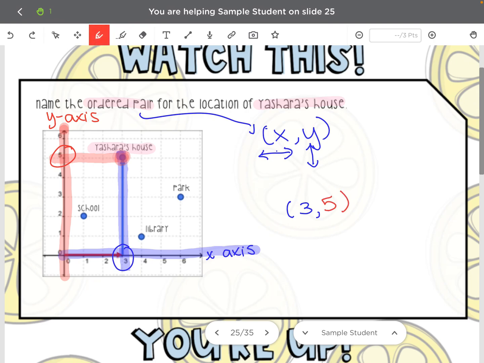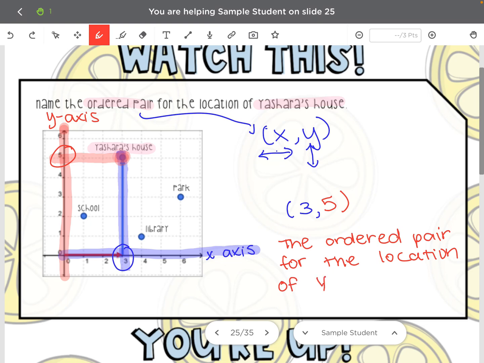So the ordered pair for the location of Yashara's house is 3, 5.